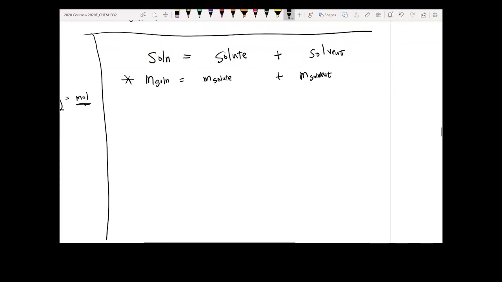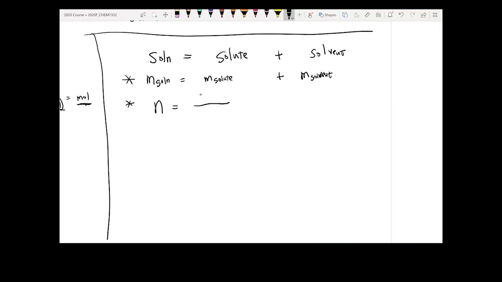We also know the number of moles can always be calculated by the mass divided by the molecular weight of your solute or solvent, where the molecular weight is obtained from the periodic table and is typically given in the questions.